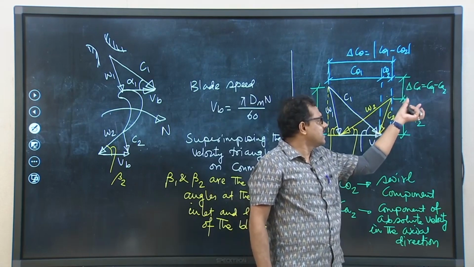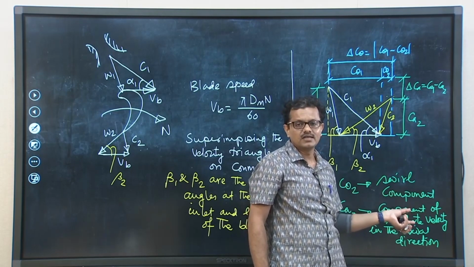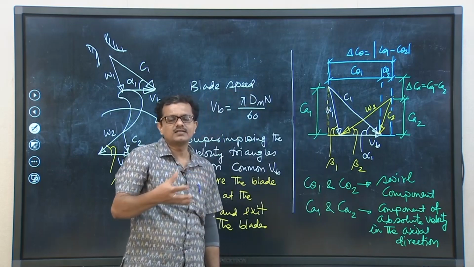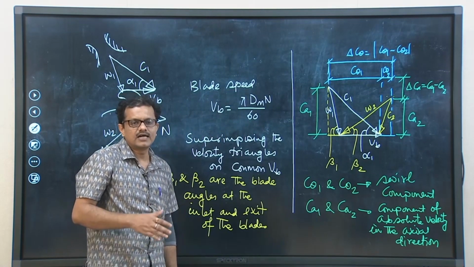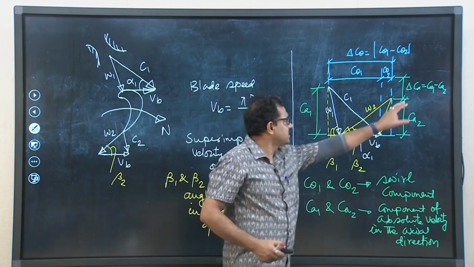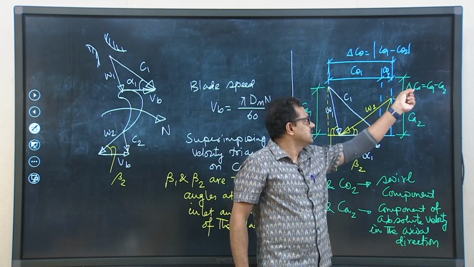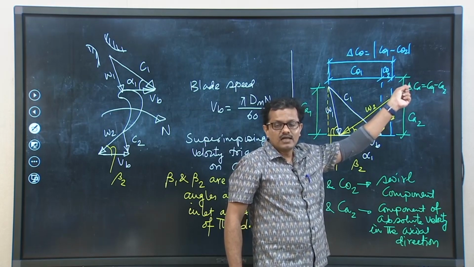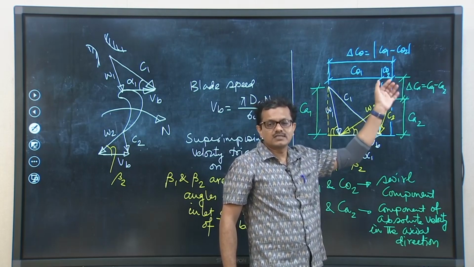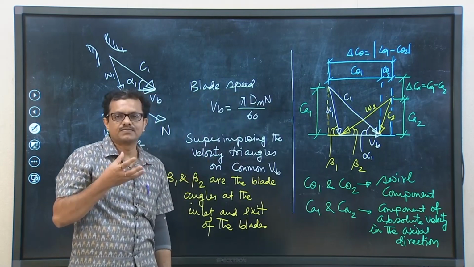What I would like to tell you is that this particular component is there, and it is responsible for the axial thrust that would be absorbed by the axial thrust bearing.